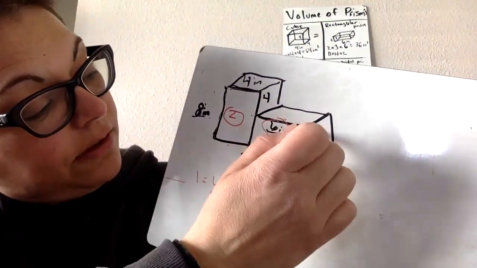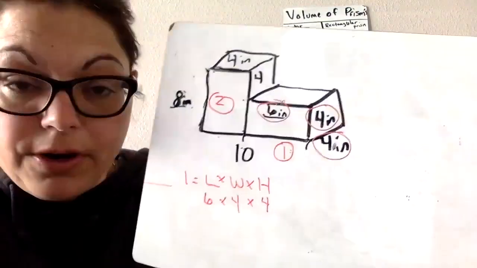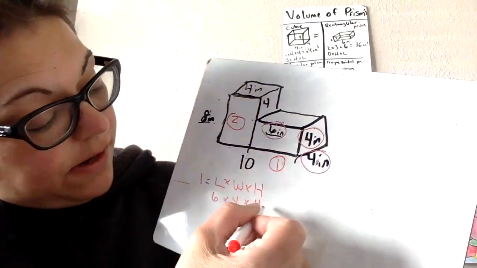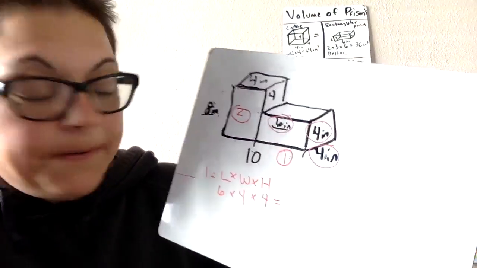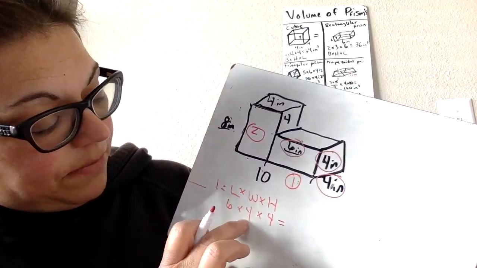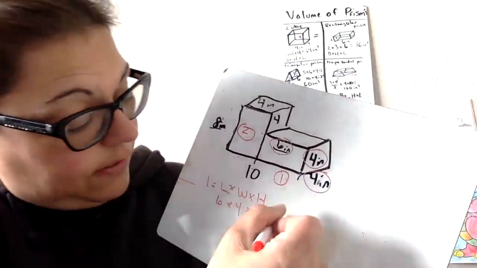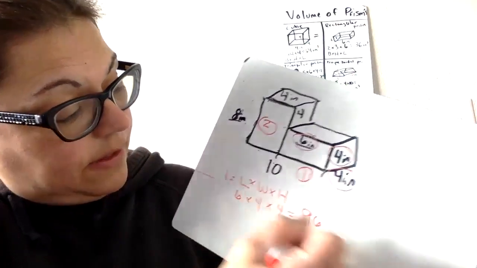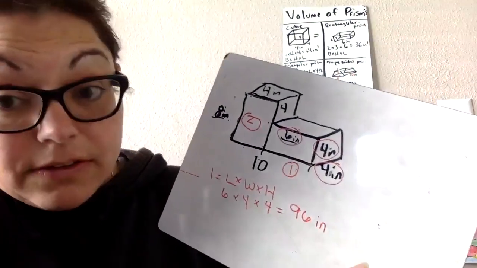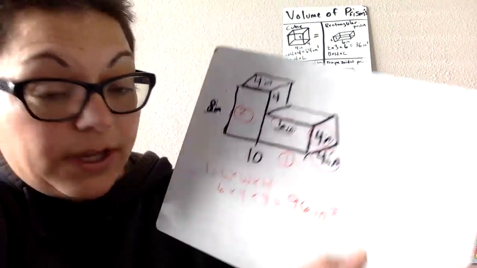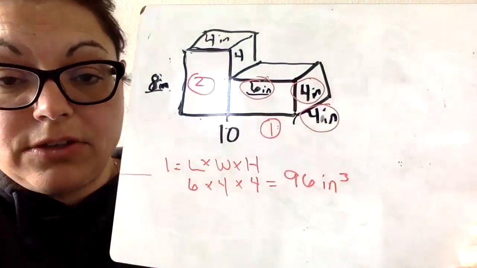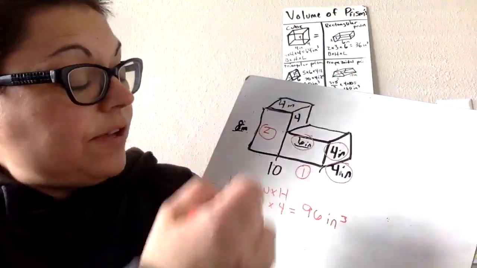So 6, 4, and 4. Multiply it together. 6 times 4 is 24, and 24 times 4 is 96 inches cubed. Don't forget inches cubed.